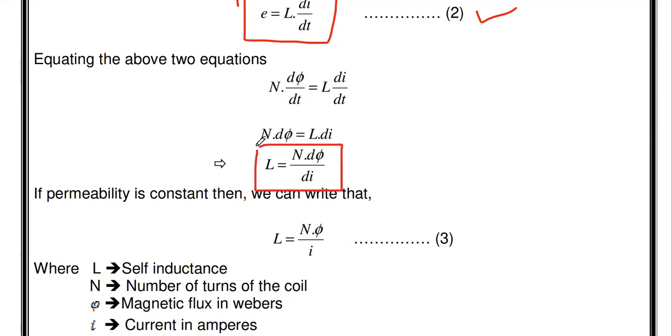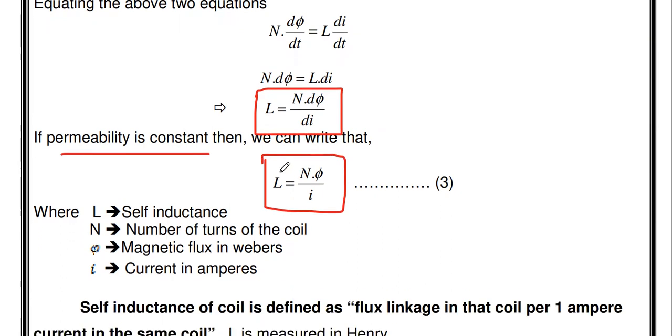N dφ divided by di. If the permeability is constant, we can write the self inductance L is equal to N into, instead of dφ by di, we can put φ by I. So this is the self inductance formula. The self inductance of the particular coil is the product of the number of turns in that coil, that is the number of windings.